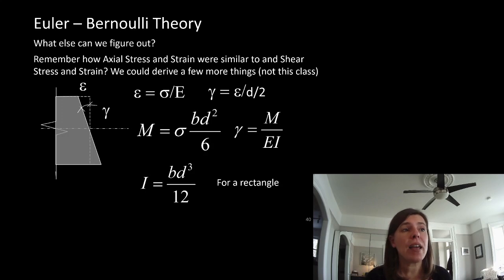So we know Euler-Bernoulli theory can help us calculate our moment equations for both plastic and elastic materials, and we know that we go through that process. I've used a rectangle as an example, but we figured out that there's some element within that is all about its shape.